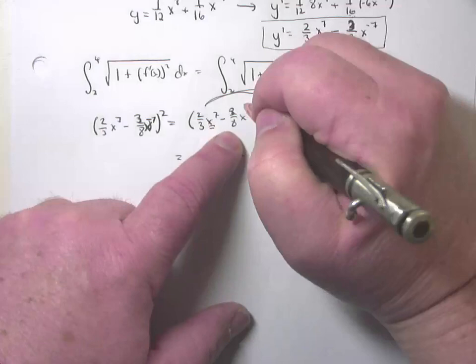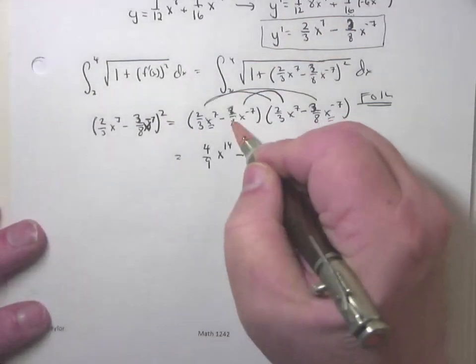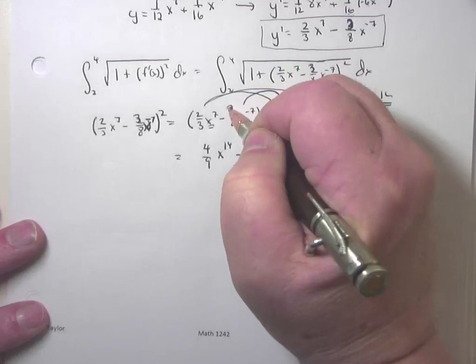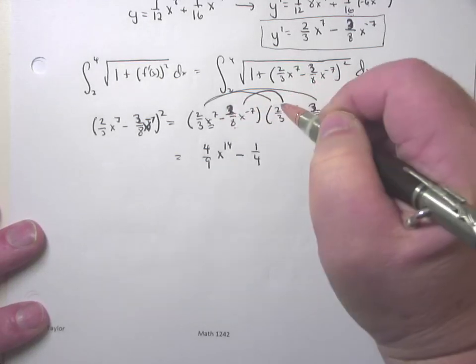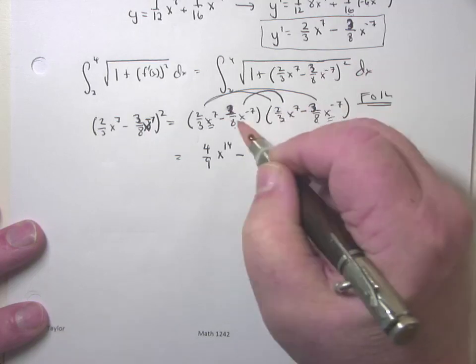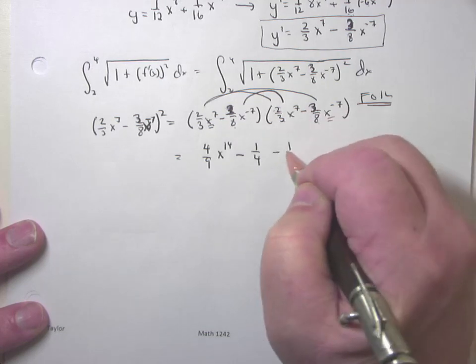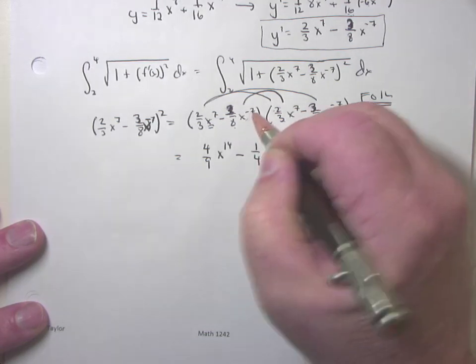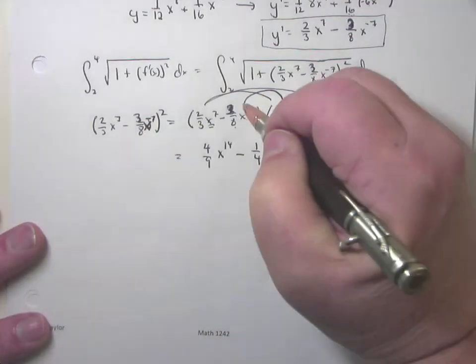And then when you do this again on the inner, negative 3/8 times a positive 2/3, the 3's cancel. 2 goes into 8 4 times. And so you get another negative 1/4, and x to the 7th and x to the negative 7th end up canceling, x to the 0. And then you've got to do the last.